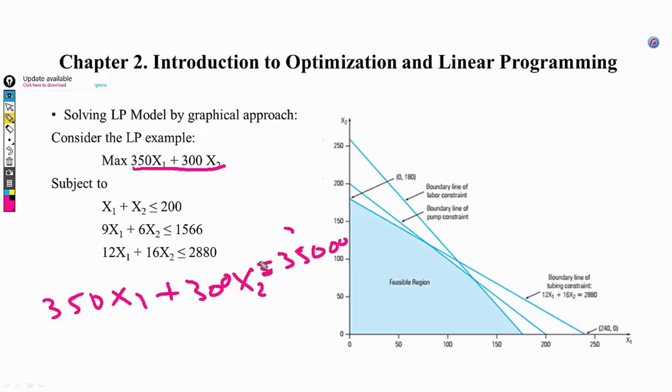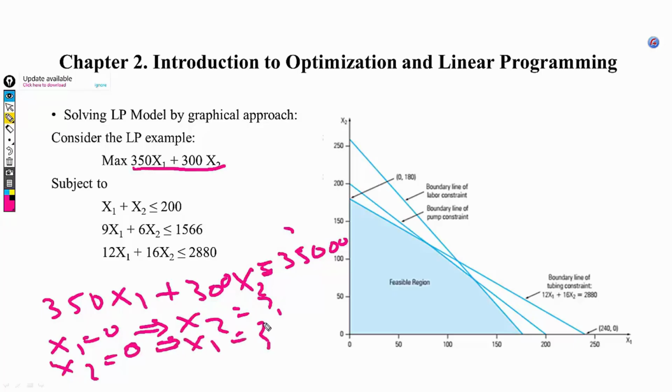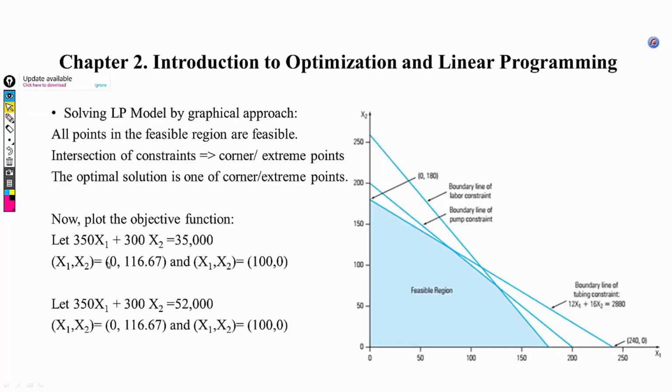To solve this equation, I want to plot this on the feasible region. So I can put x1 equal to 0 and find x2, and then I can put x2 equal to 0 and find x1. If I put x1 equal to 0, I get x2 equal to 116.67, and if I put x2 equal to 0, I get 100.